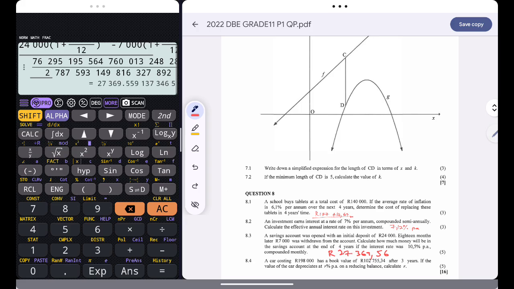If the value of the car depreciates at R% per annum on a reducing balance, calculate R.